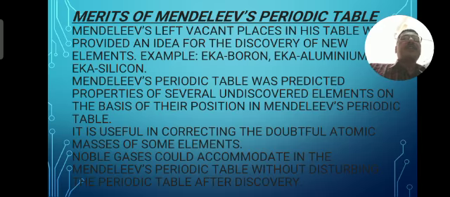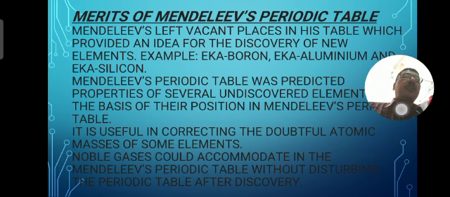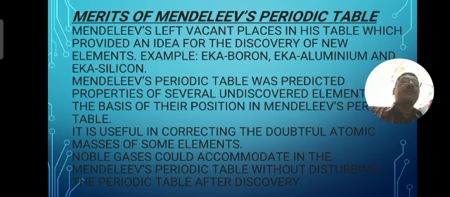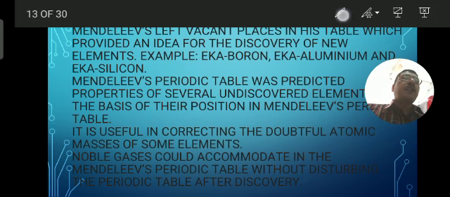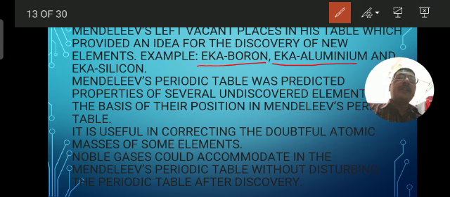Okay, next, what are the merits of Mendeleev's periodic table? Merits means achievements. Mendeleev left vacant places in his periodic table, which provided an idea for the discovery of new elements. Example, he gave the names Eka boron, Eka aluminium and Eka silicon.